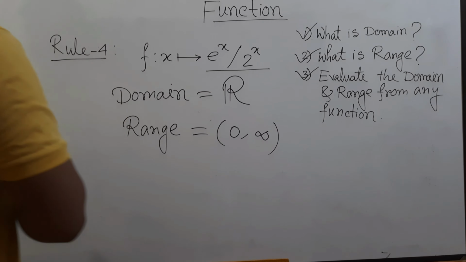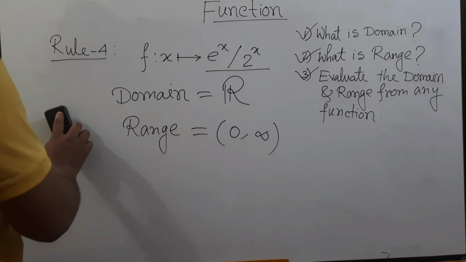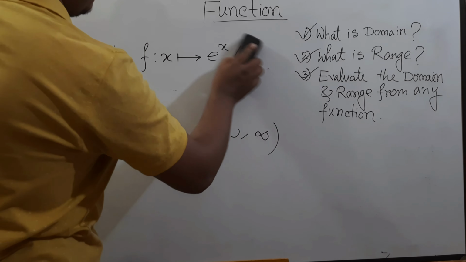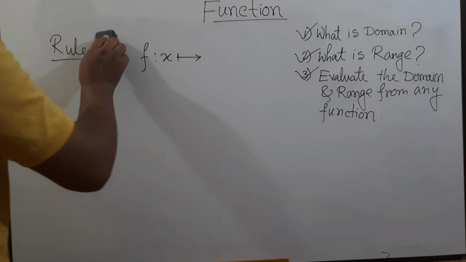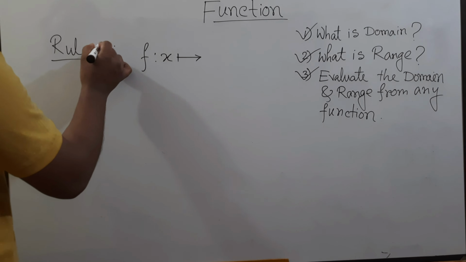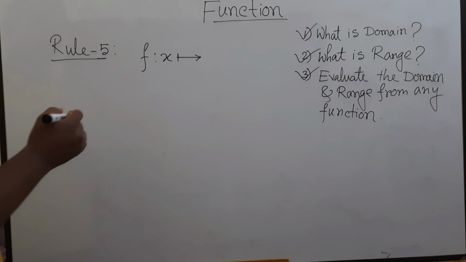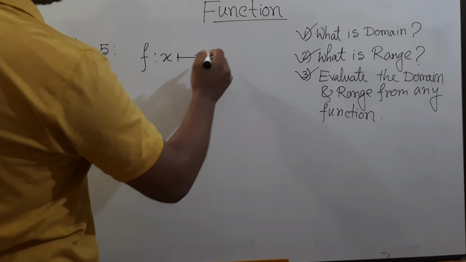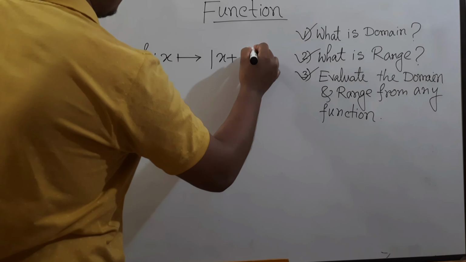Okay, now the last rule, rule 5. If the function is a modulus function, that means the absolute value of the function, that is f is a function such that x maps to |x + 1|.